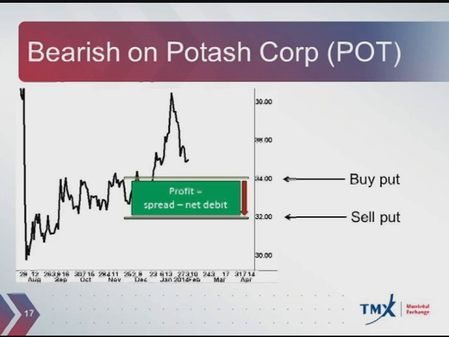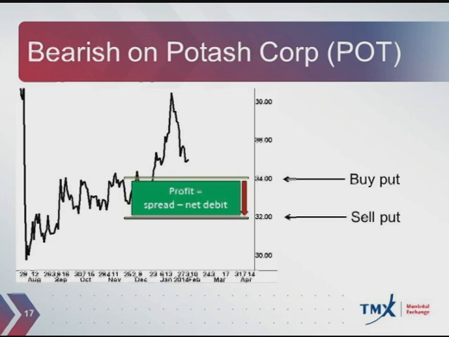So the way that we would look at this from the perspective of our charts is we would go down and we would be buying those 34 strike puts with the expectation that the stock is going to drop in value. And again, if we thought that the stock had unlimited downside potential, well, we would not look to cap that downside profit potential.